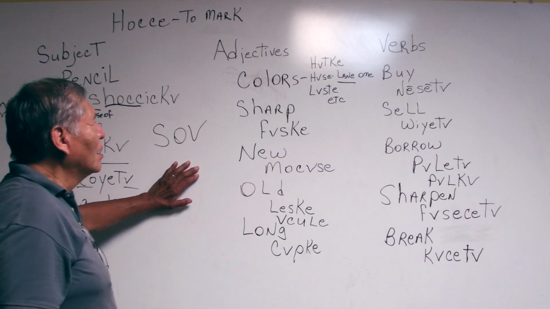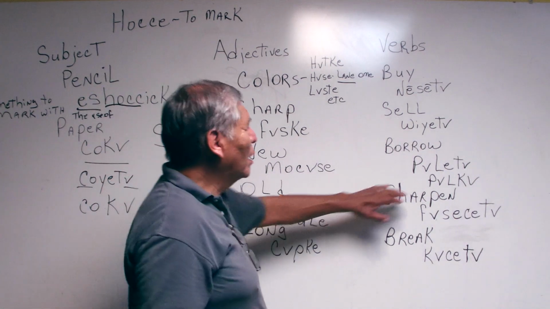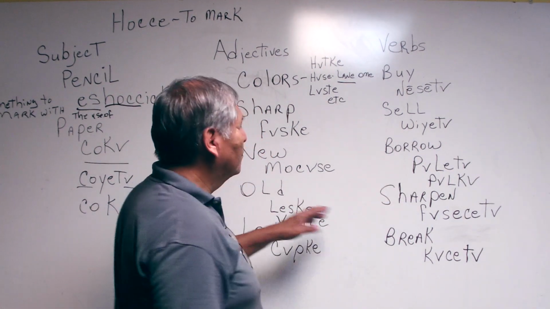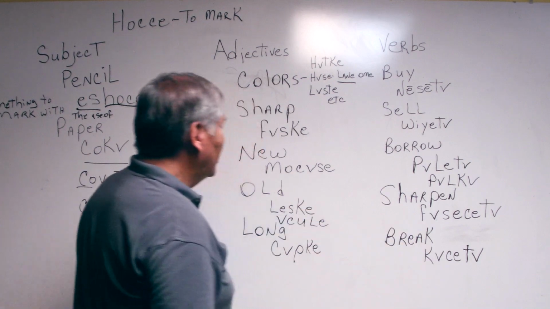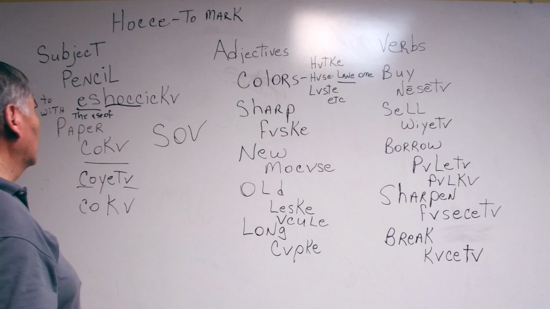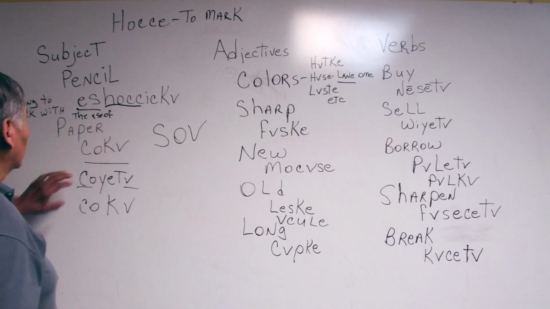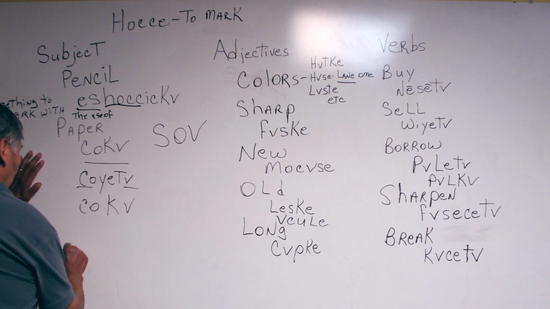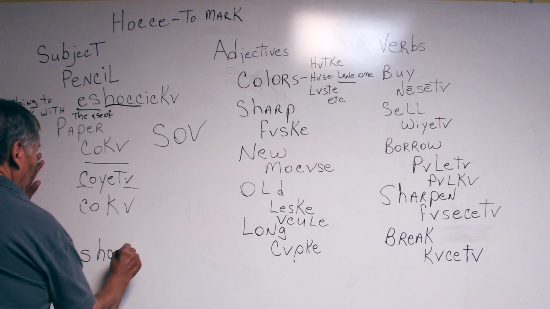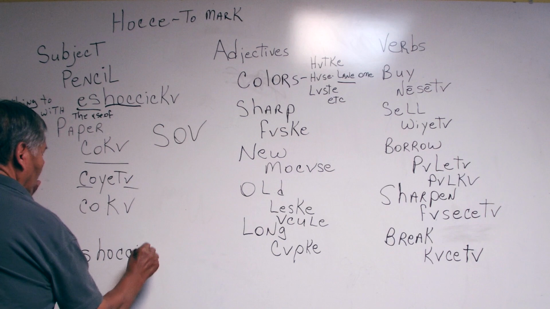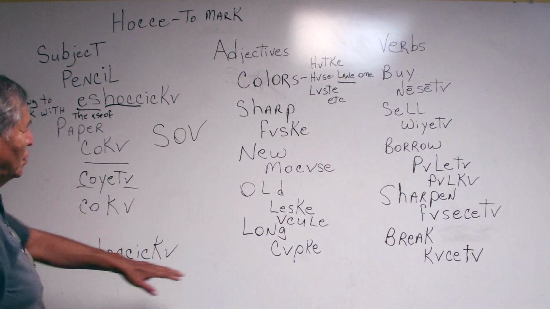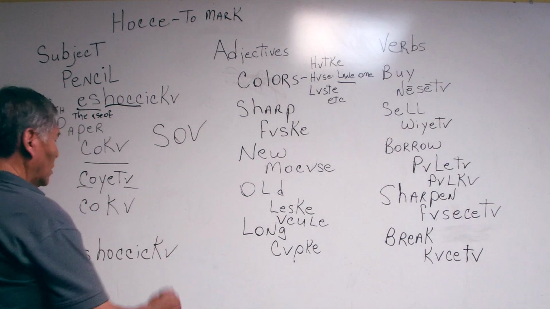So then borrow again is palga or palida, and to sharpen is fasijida, and then to break is gajida, to break it. So if we was going to put a simple sentence together, we could say Eshoccickv. Let's use long pencil.